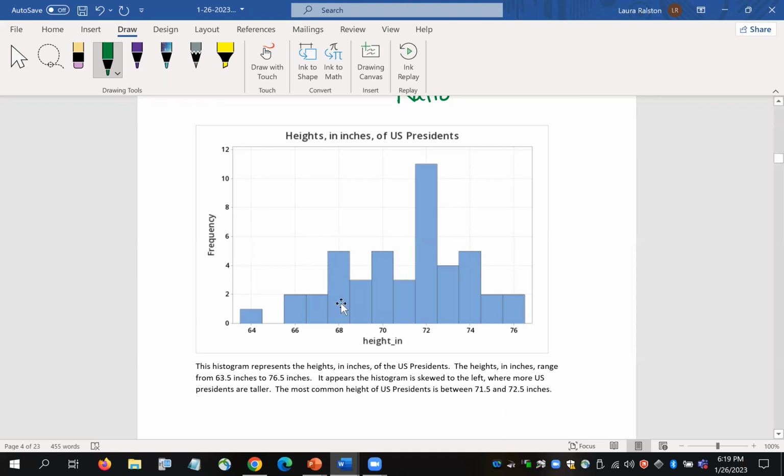Outliers, if I'm looking at this picture, there doesn't really appear to be any kind of gaps.